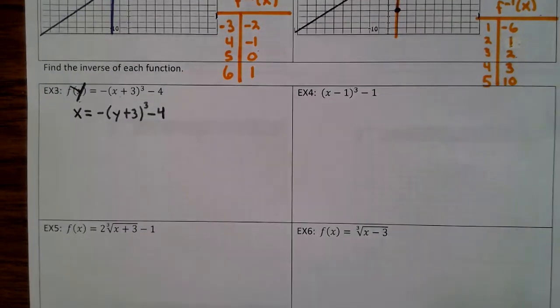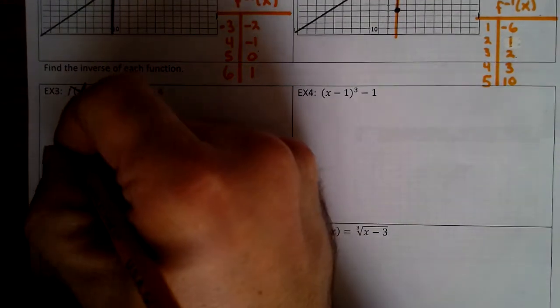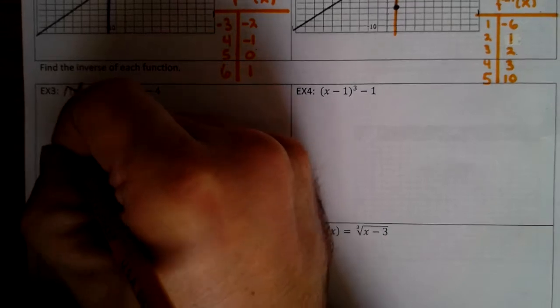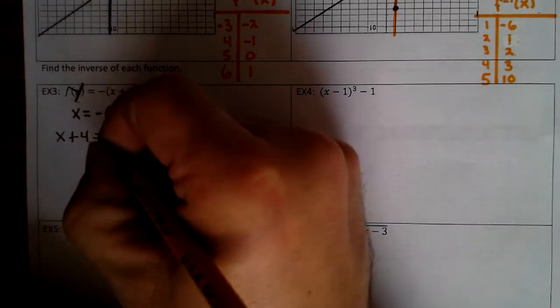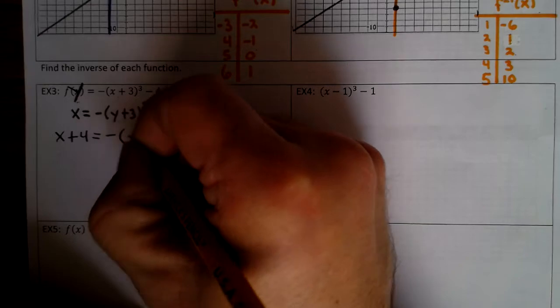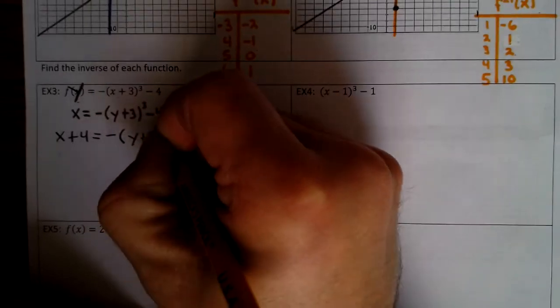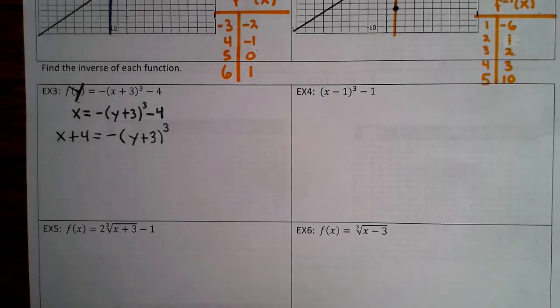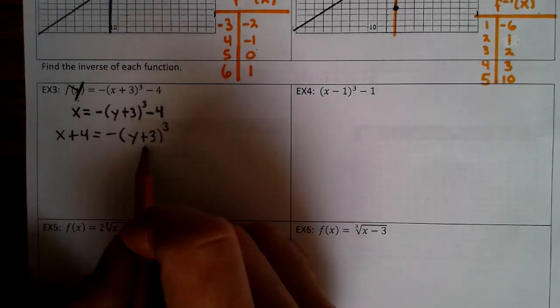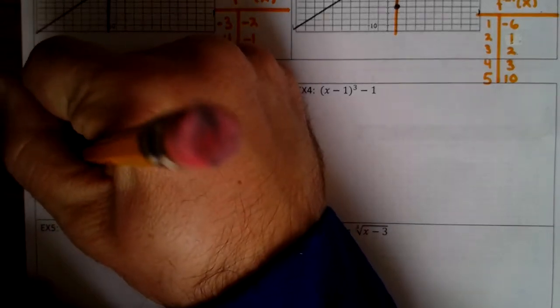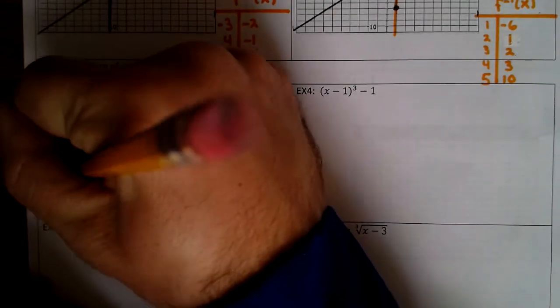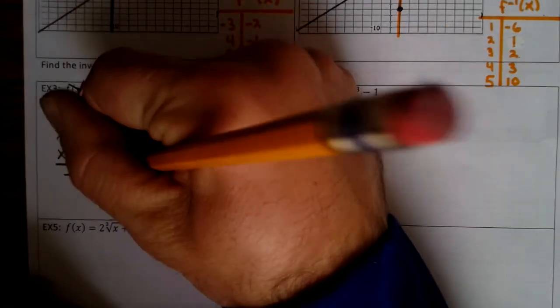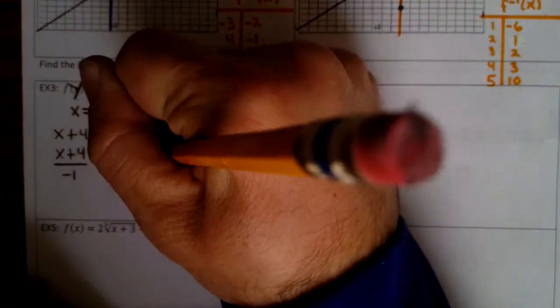So you have x plus 4 equals negative parentheses y plus 3 cubed. You want to divide both sides by -1. Okay, then you want to take the cube root of both sides.